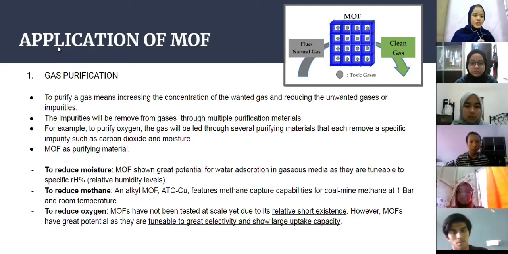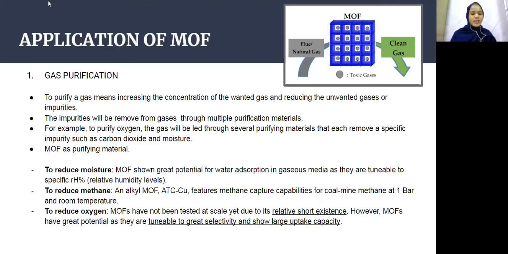To reduce oxygen, unfortunately, MOF have not been tested at scale yet due to their relatively short existence. However, MOF have great potential as they are very tunable to great selectivity and show large uptake capacity. Next, I will pass to Anas.